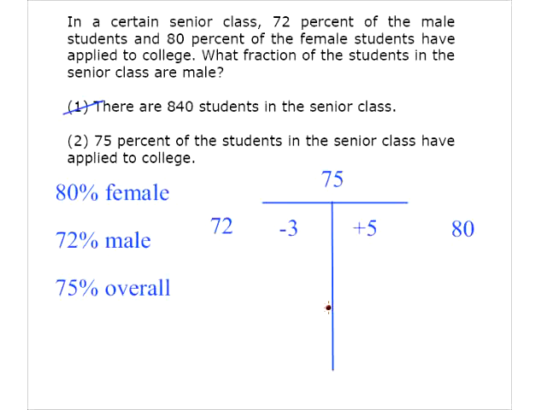What's the least common multiple of 3 and 5? Yeah, 15. So the idea here is we can look at a weighted average by going, all right, if I had 5 parts of that 72 to 3 parts of that 80, then it would balance out at 75.